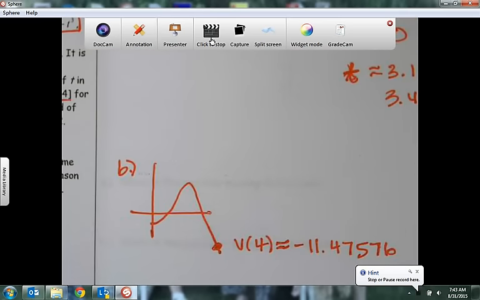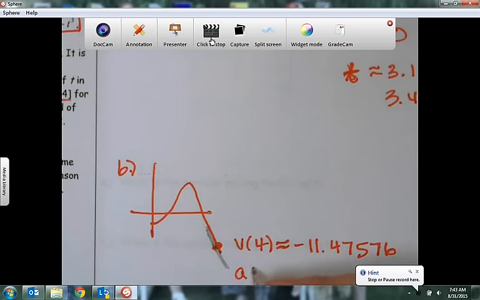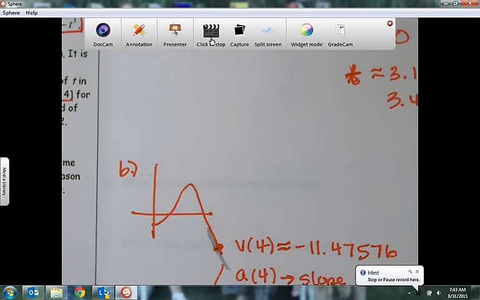But I also see that the slope, so a of 4 is the slope of the tangent line at v of 4. And I can see that that slope is going to be negative.